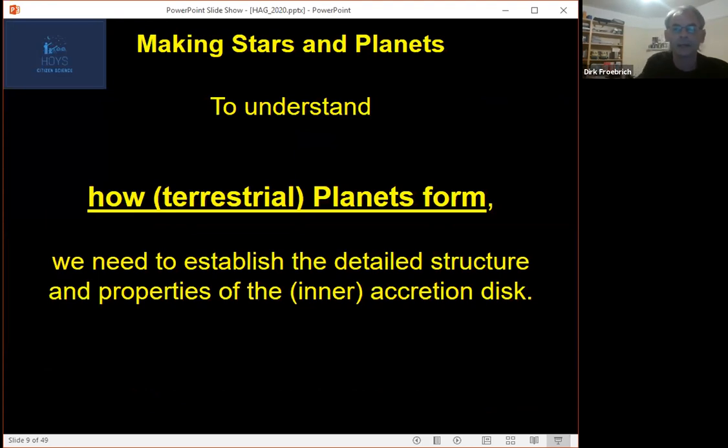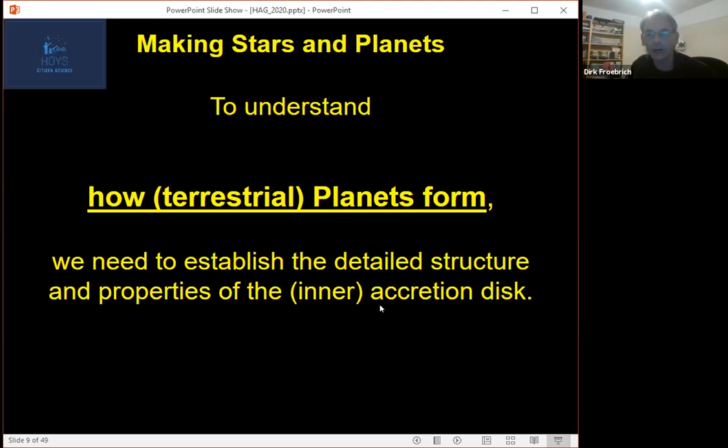They might migrate in and end up as these hot Jupiters, but typically they have to form where Jupiter is, roughly 5 times the Earth-Sun distance, so 5 astronomical units away from the star. The terrestrial planets will form much closer in. So they typically form within 1 or 2 astronomical units around the star.